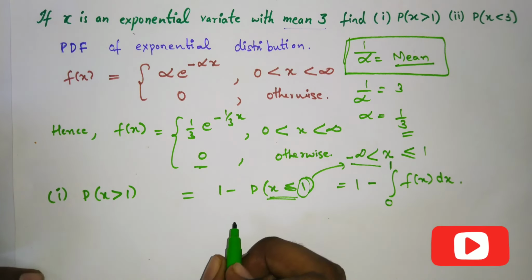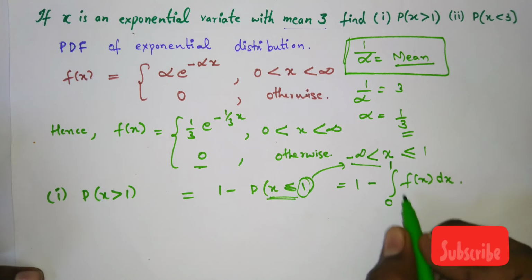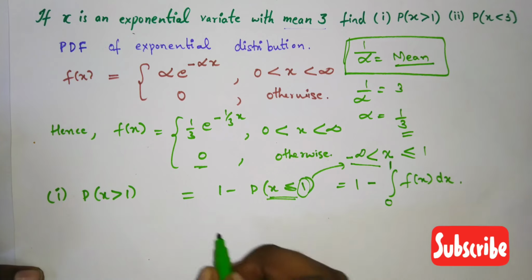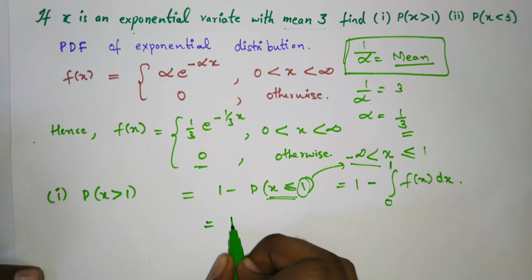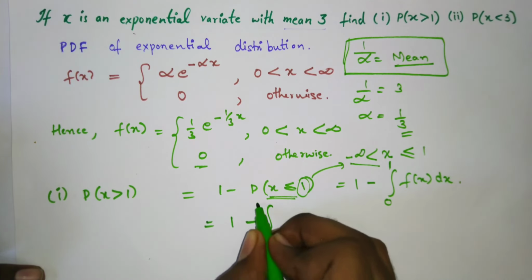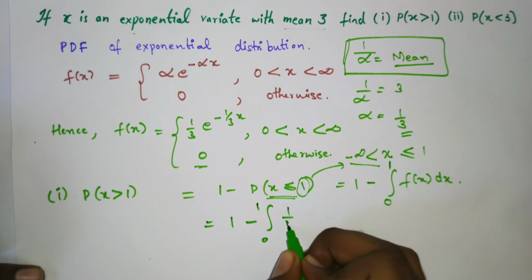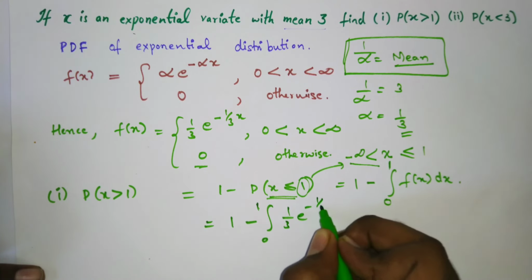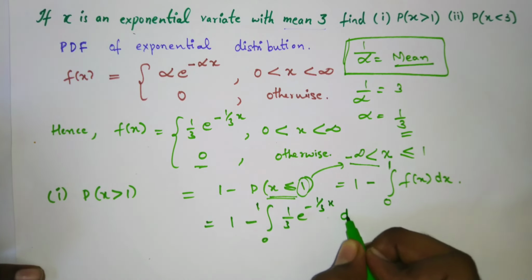So 1 minus the integral from 0 to 1 of 1 by 3 e power minus 1 by 3 x dx.